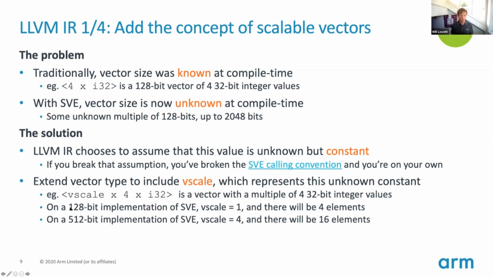So for example, on a 128-bit implementation, vscale would equal 1 at runtime, and you would have 4 elements that you could process at once. On a 512-bit implementation of SVE, at runtime, the same code would have a vscale equal to 4, and you would be able to process 16 elements at once.